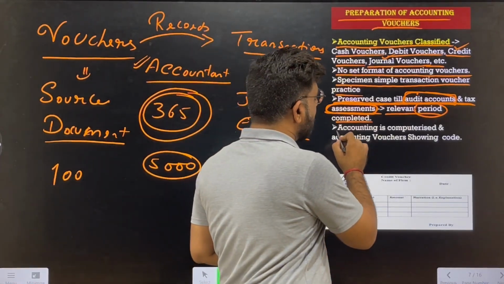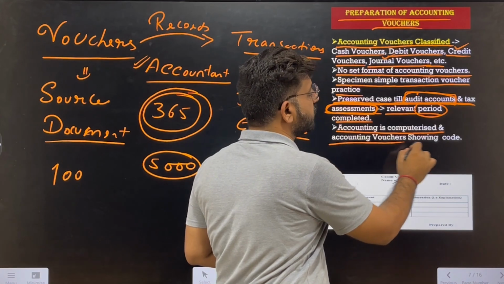Next, accounting is computerized and accounting vouchers showing code. Now what happens? The accounting is done on the computer, but the vouchers were made handwritten. So when the handwritten vouchers were made, there was a serial number. Every voucher has a particular serial number which has to be written in the computerized system, that this transaction has been taken from voucher number 1, from voucher number 2, which was done on 5th April, which was done on 10th April.